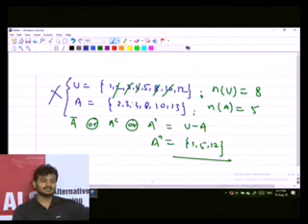Whatever U we are considering should contain all the elements of any given set A. This will not be true.